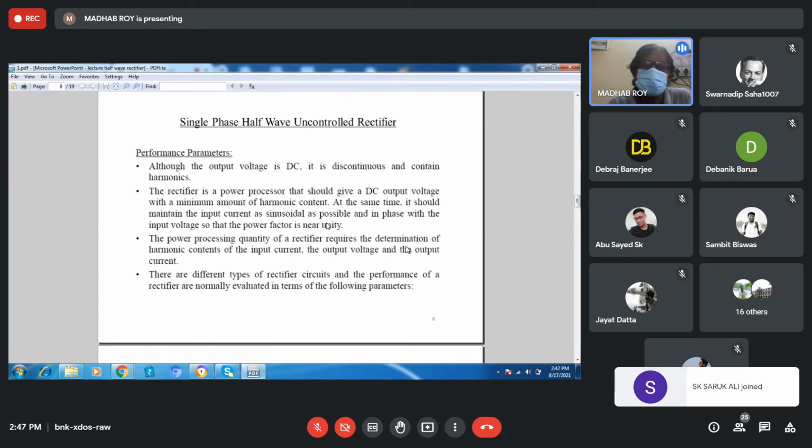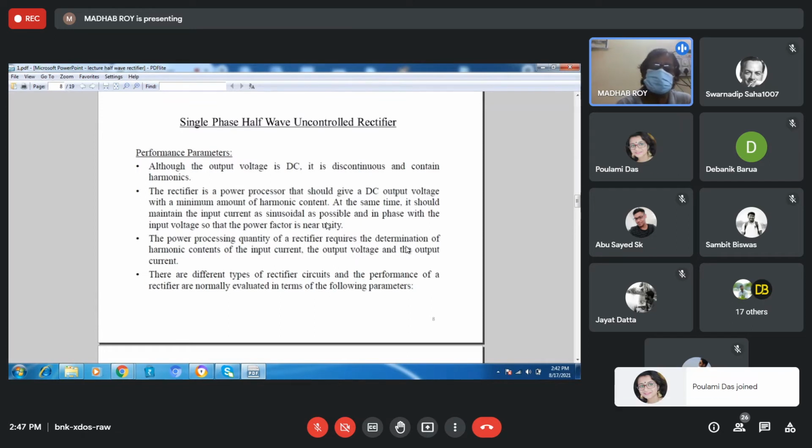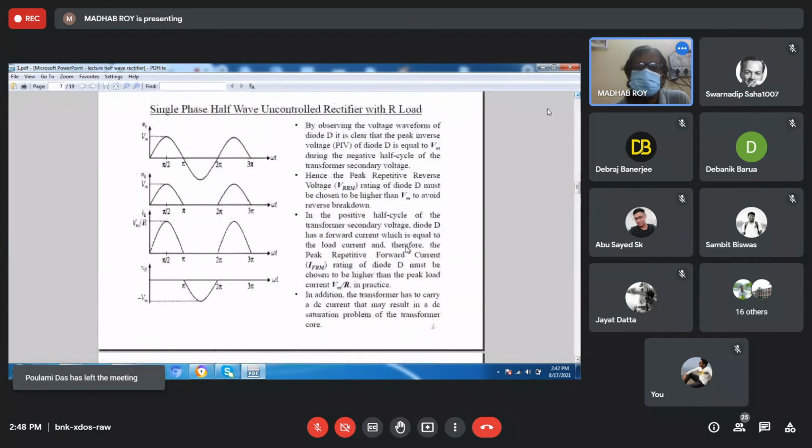Now the performance parameters. Although the output voltage is DC, it is discontinuous and contains harmonics. You know that. What are the harmonics? So it is containing only DC current, the average value.